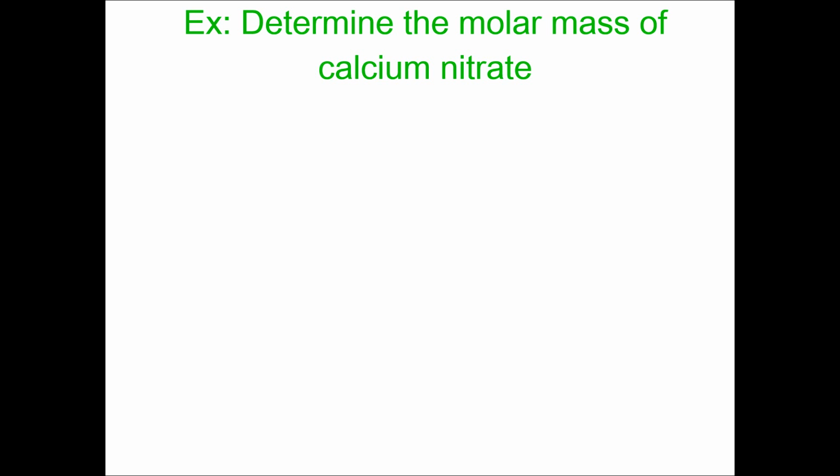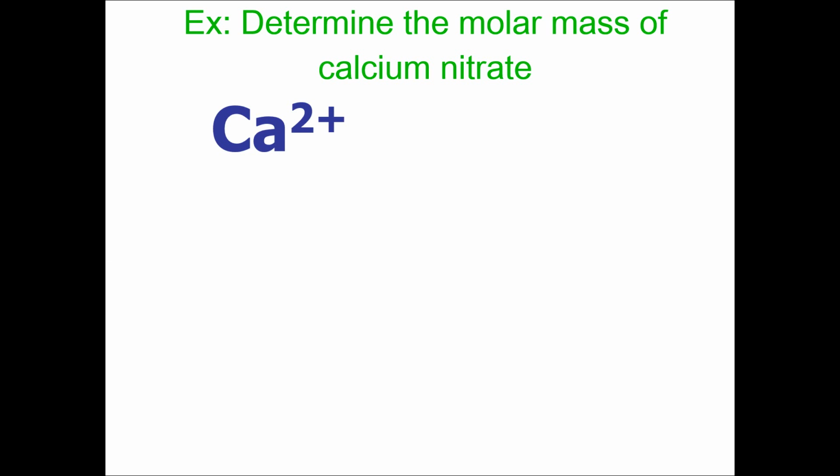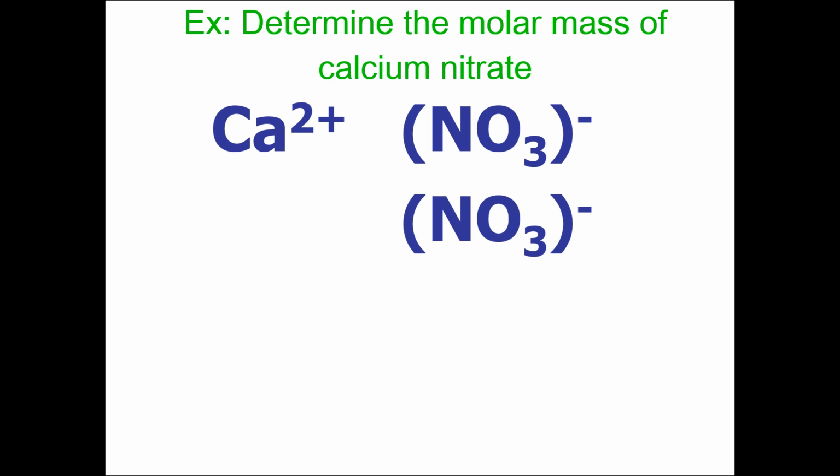So calcium nitrate is an ionic compound. When you have an ionic compound, you must first consider the ions before writing a proper formula. This is the ion for calcium. Nitrate is something on the back of the periodic table, and it looks like this. And when you even out the charges, when you add ions to make sure all your charges cancel out, you have this.